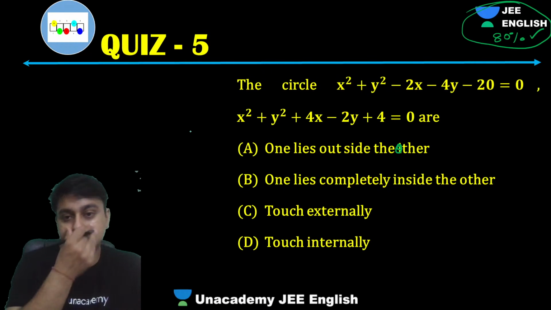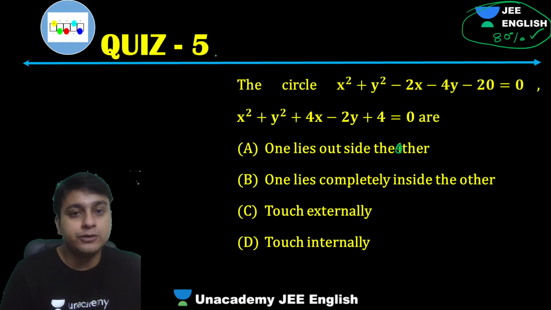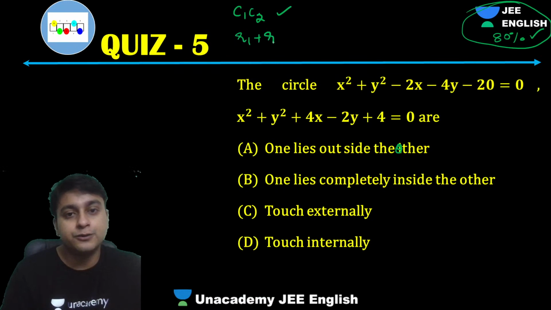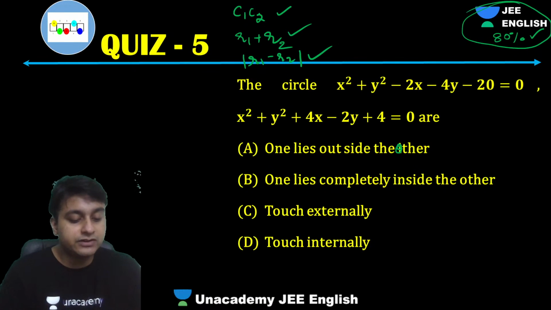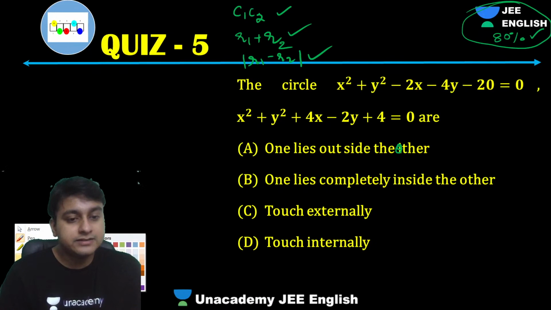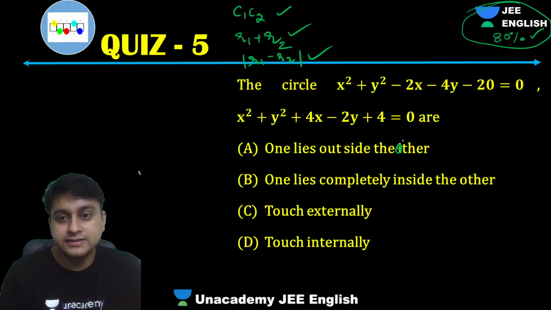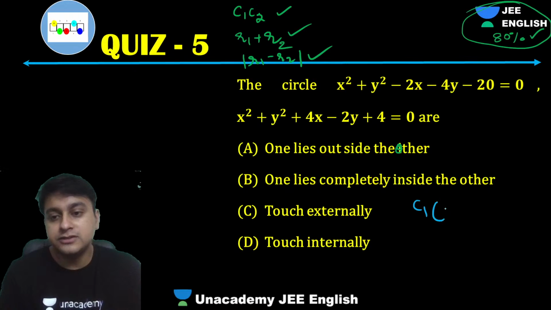So guys, again, I told you three things we have to calculate. First C1 C2, then R1 plus R2, then mod of R1 minus R2, right? One by one, let's calculate everything. Center 1 will be how much? 1 comma something.